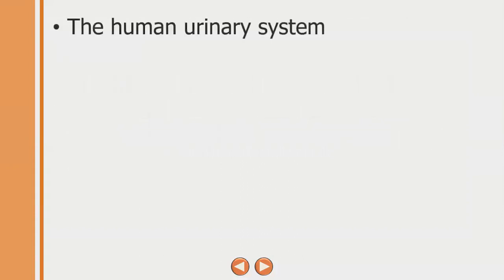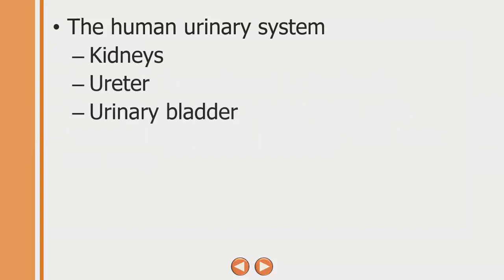The human urinary system is really simple: the kidneys, the ureters, the bladder, and the urethra. There are two kidneys and two ureters. The ureters are tubes which lead to the bladder. The bladder is a holding basin, and the urethra is another tube that releases the urine from the bladder.